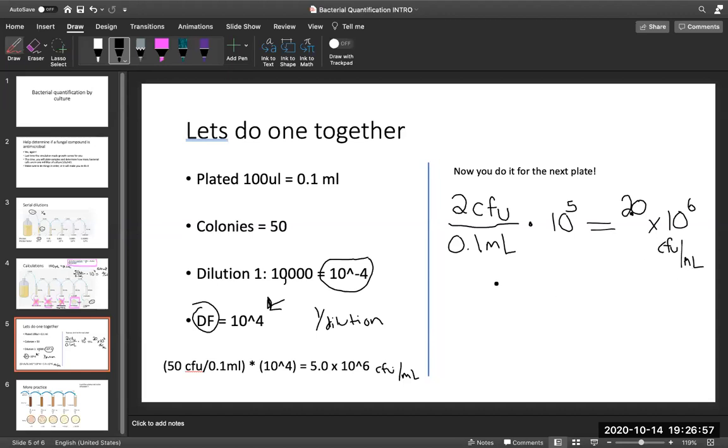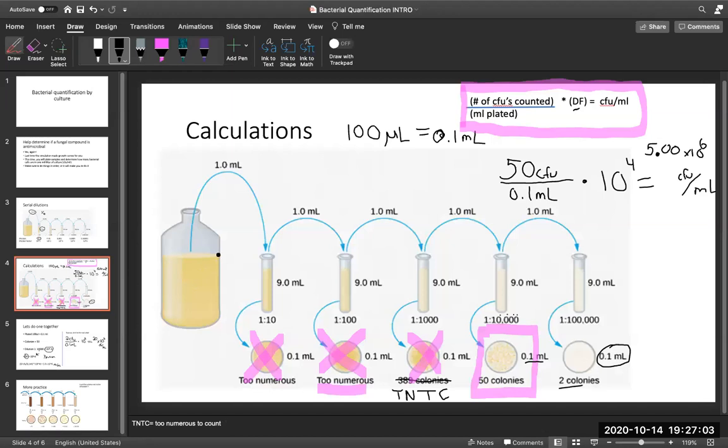Now, if you were asked to calculate the actual total bacteria in the original sample, you would need to know the volume of the original sample and multiply by the volume. But we didn't do that in the lab, so I didn't ask you to do that for the homework either.